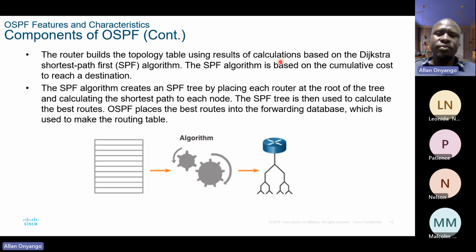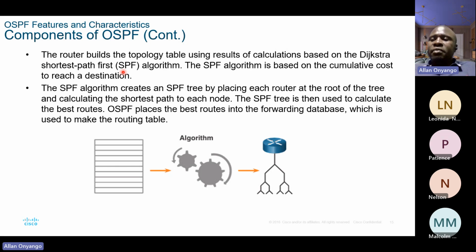This algorithm is normally based on the cumulative cost to reach a particular network, and we will talk about that as well. The SPF algorithm normally creates a tree. In a tree, all the branches are always joined to the same stem. So OSPF creates a map or a tree of all the networks or all the distances to reach all the networks.